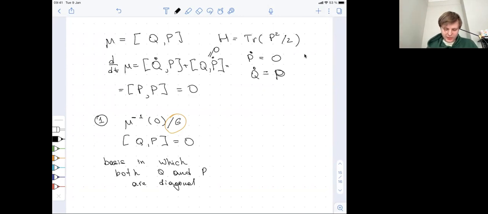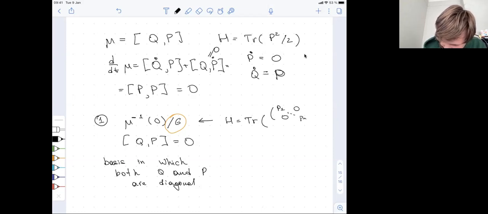And I can choose it to be the transition matrix to the eigenbasis of Q and P. What I obtain is that in such a space my Hamiltonian will be just the trace of the diagonal matrix, P_1 to P_n, squared divided by 2. And there is nothing interesting here, because my Hamiltonian becomes just a free particle, but n free particles.